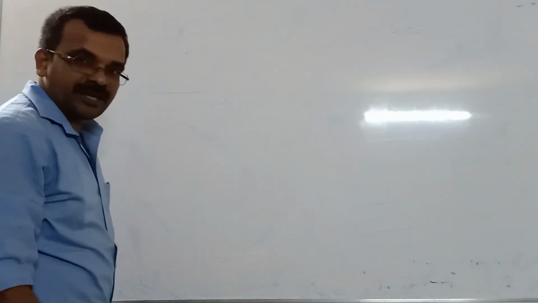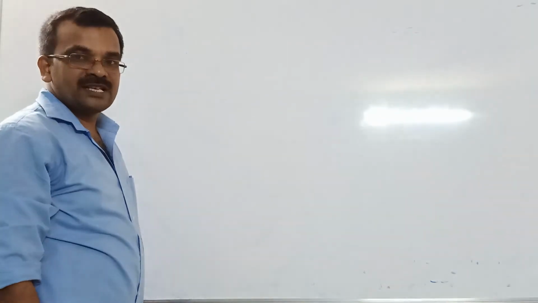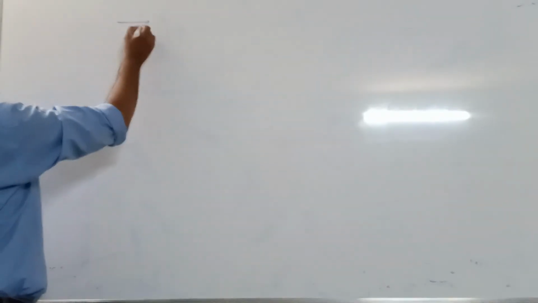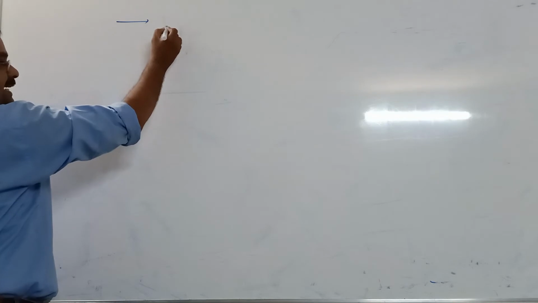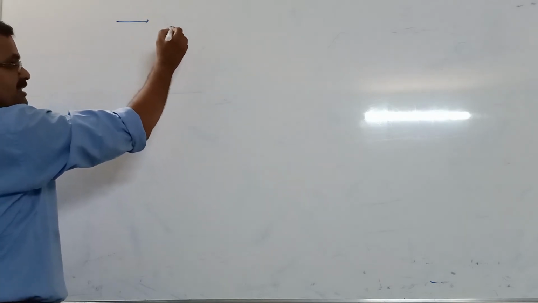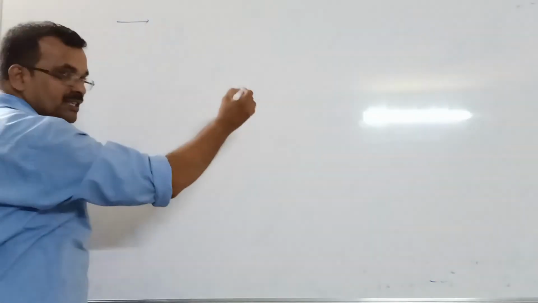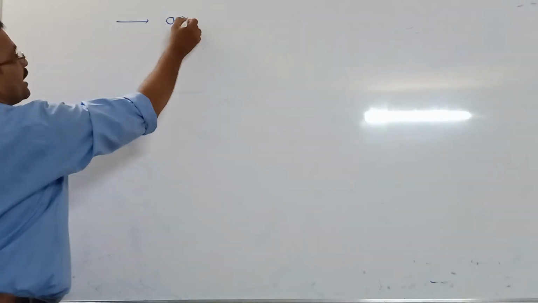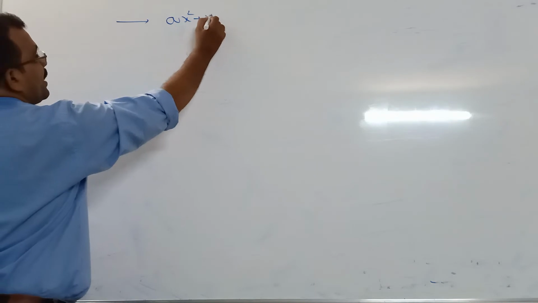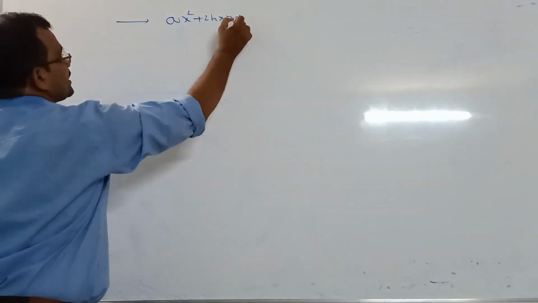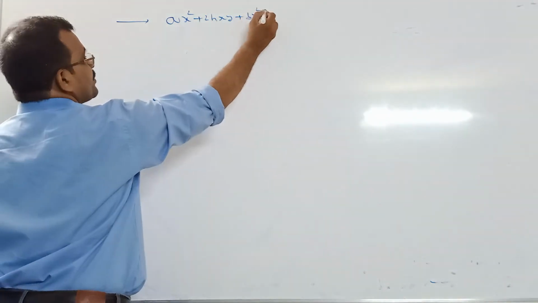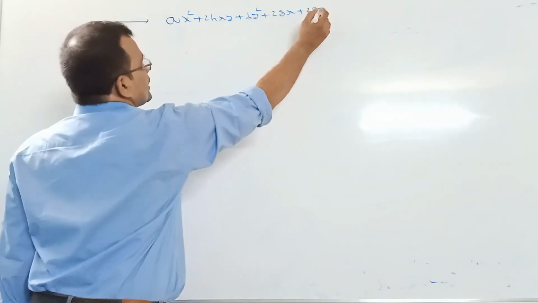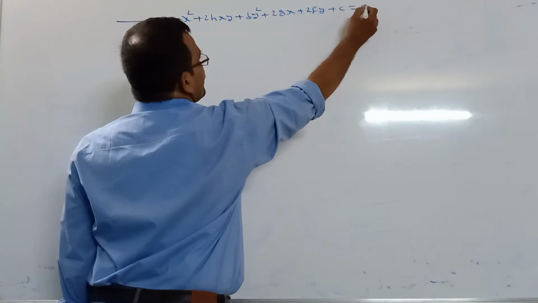So the next part is non-homogeneous pair of lines. Already we know that a non-homogeneous pair of lines means the second degree non-homogeneous equation in the variables x, y: ax square plus 2hxy plus by square plus 2gx plus 2fy plus c equal to 0.